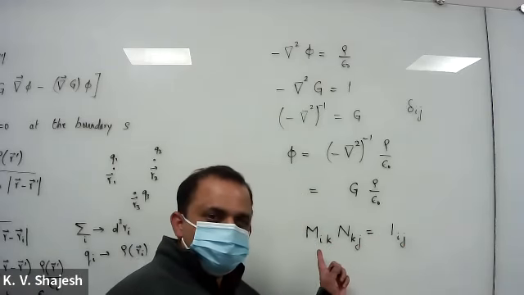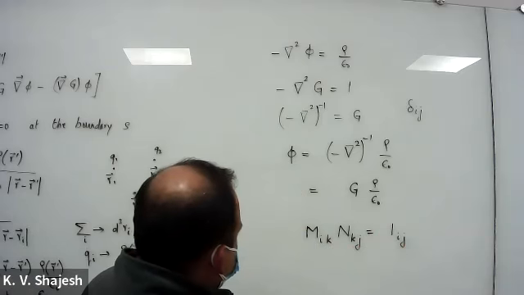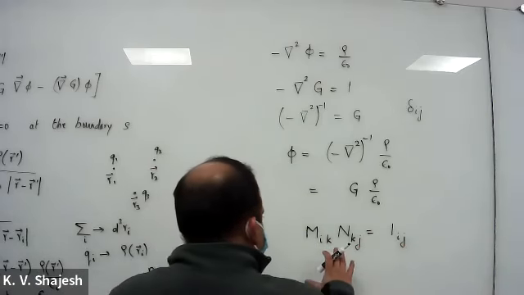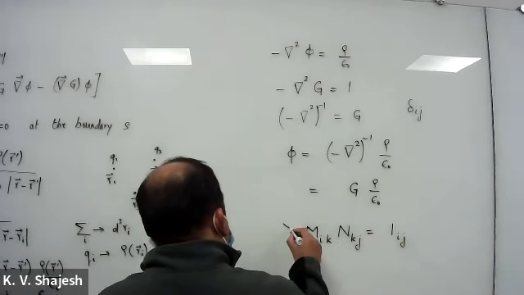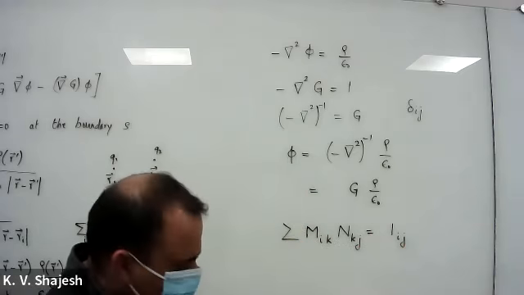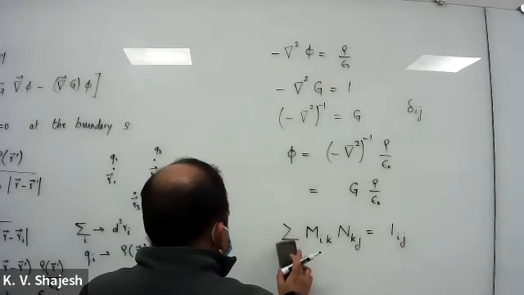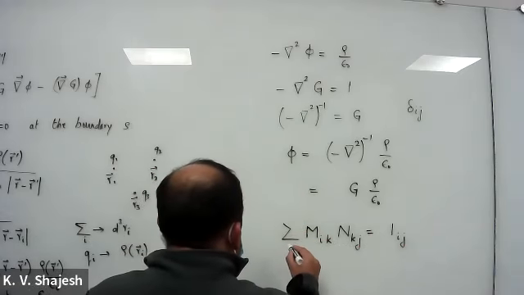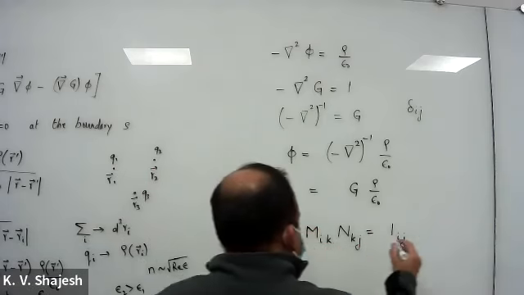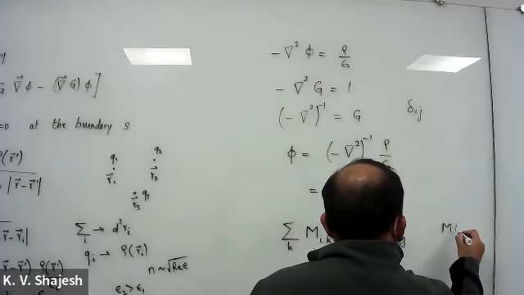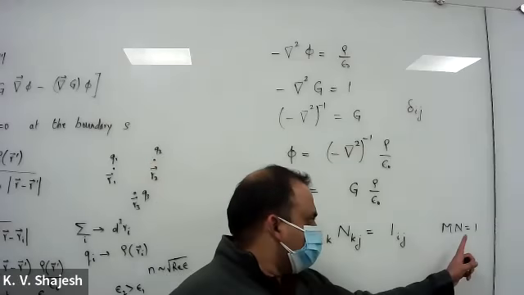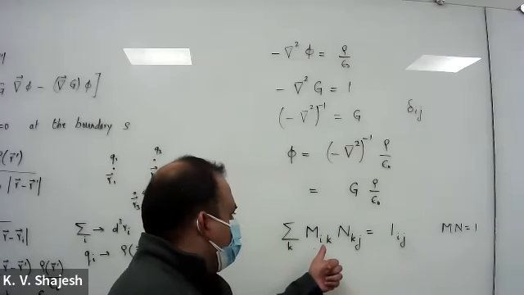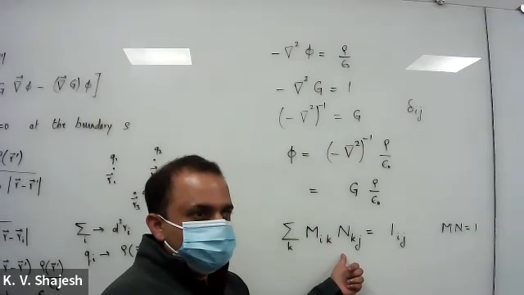That's a matrix multiplication coming in, so this whole thing is a sum. In principle there is a K here, which we don't write when we say M N is equal to 1. When I'm saying M N equal to 1, there is a summation over K inbuilt in them.